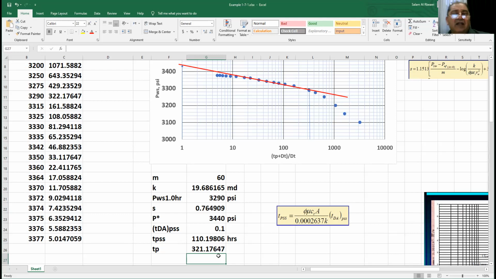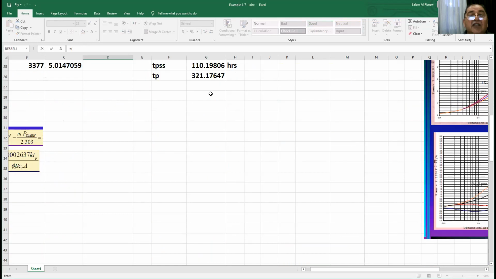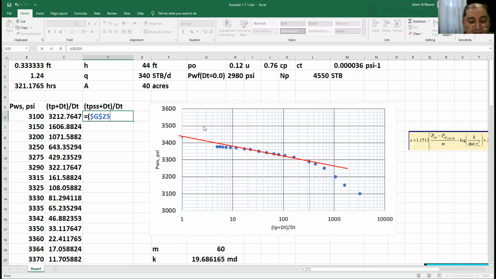And this time we are going to use TPSS instead of production time. So we're going to say TPSS plus dt divided by dt. This TPSS is constant, plus dt, divided by dt.